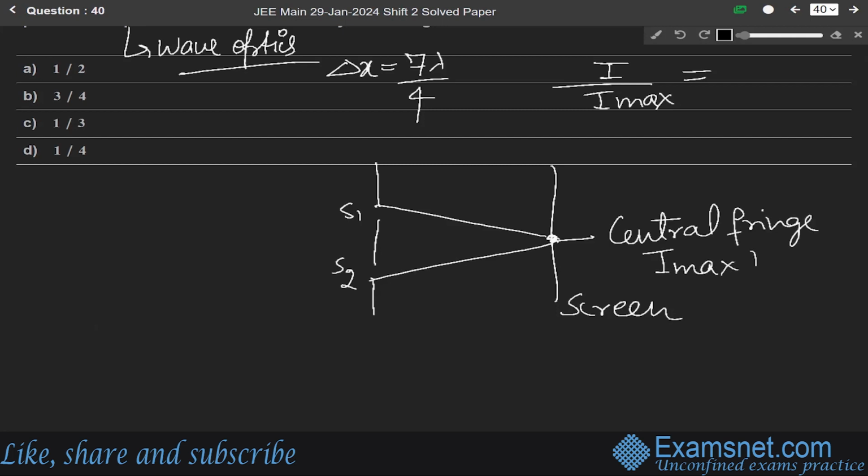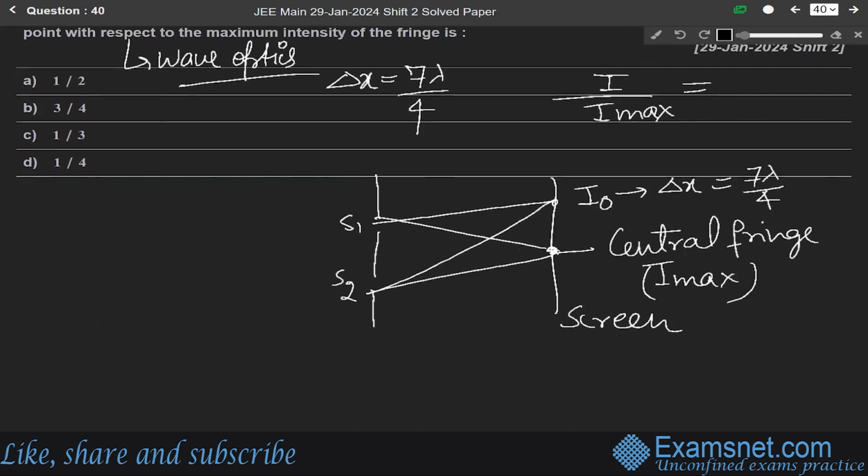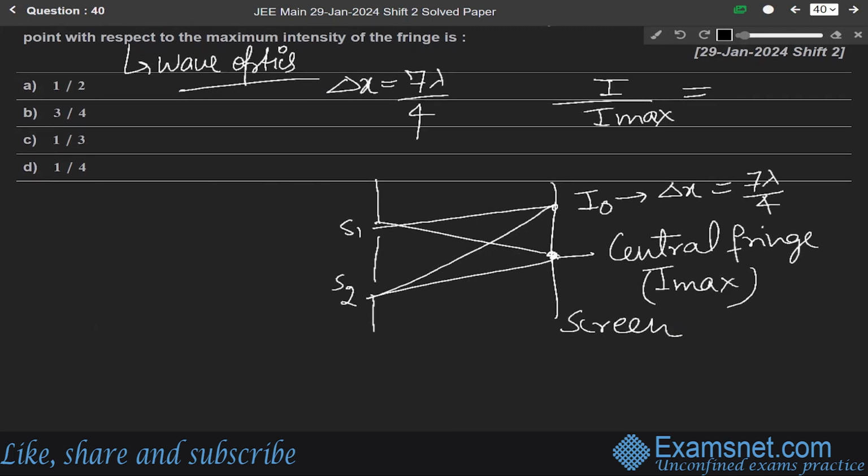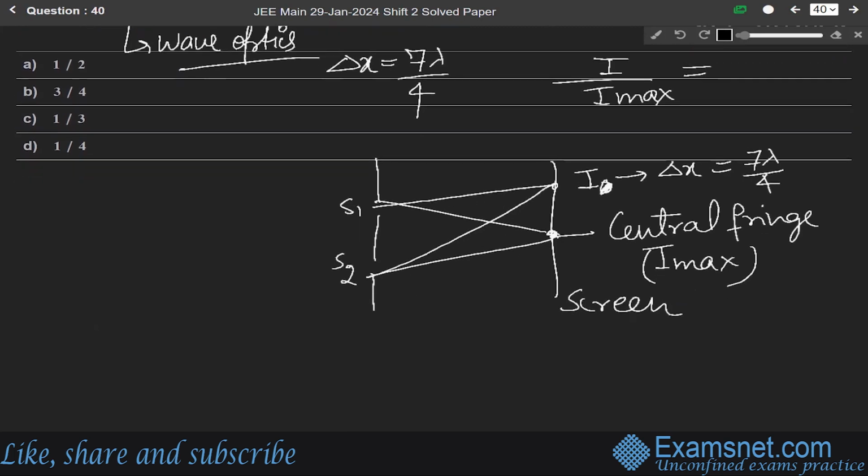The rays accumulate at another point with intensity I, having a path difference delta x equals 7 lambda by 4. So we have to find the ratio I over I maximum.